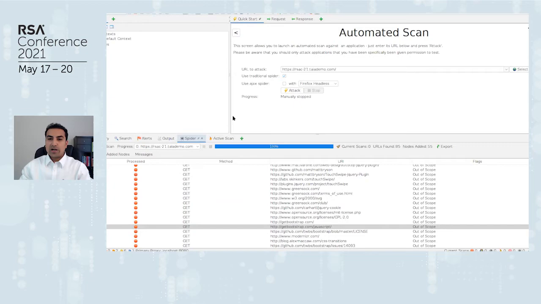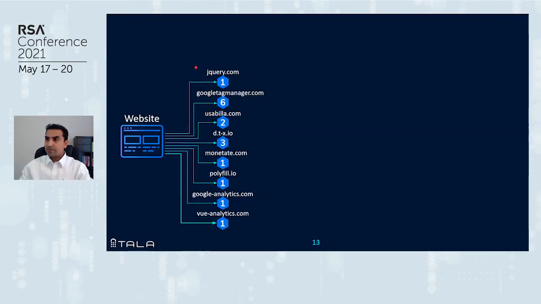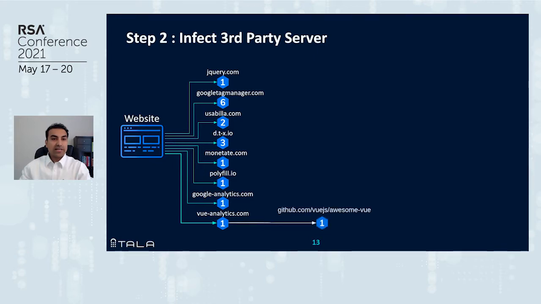Let me show you a graph for better understanding. As you can see, the target website loads quite a few third parties, and I did my research on them all. I found out that Vue Analytics, the one which is on the lowermost side of the diagram, is actually an open source analytics library. And this is great news for me. Why?